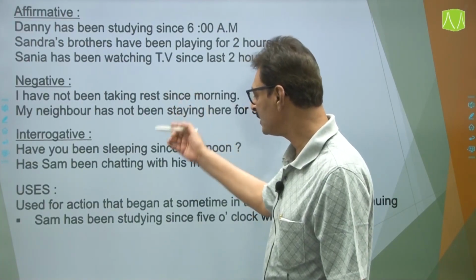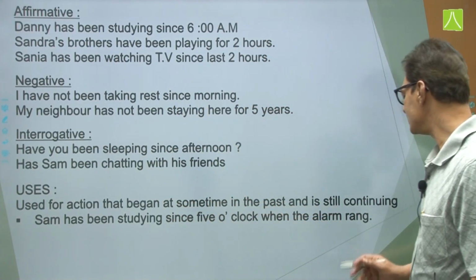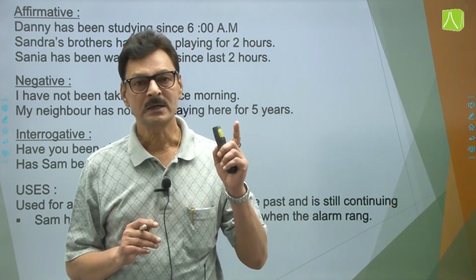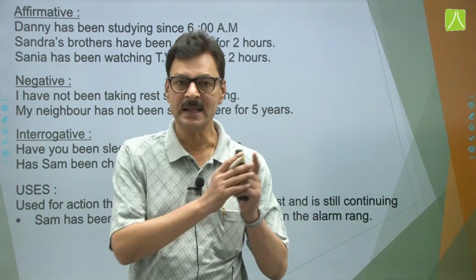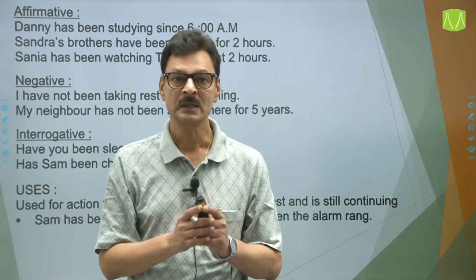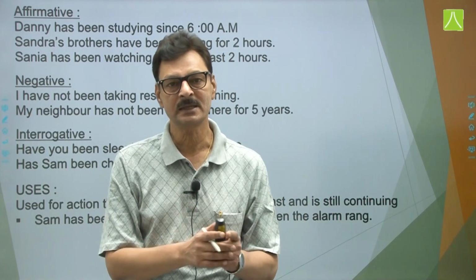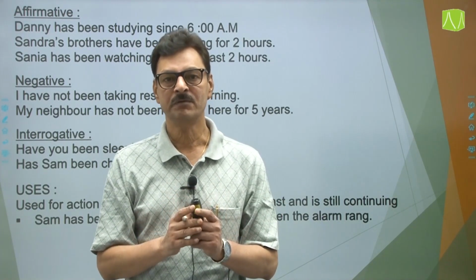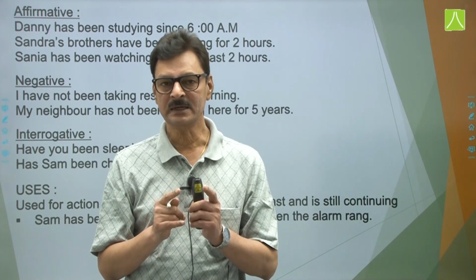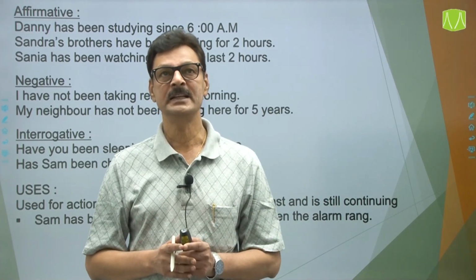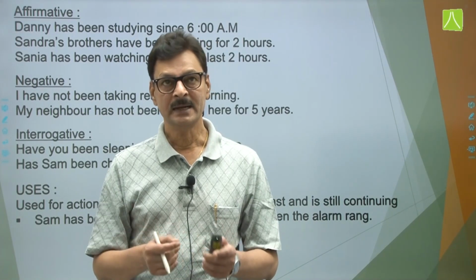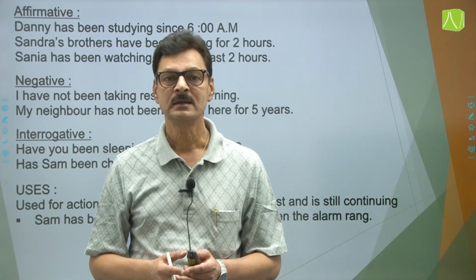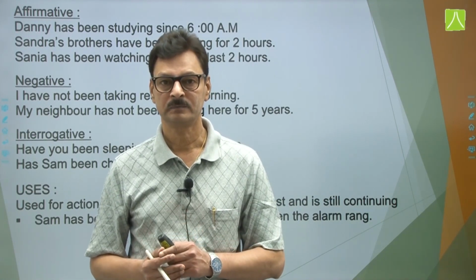Uses, it is used for an action that began at some time in the past and it is still continuing. So now friends, present continuous, it also tells us that the action began earlier, अभी चल रही है. Present perfect continuous also tells us that the action began earlier and it is still continuing. So what is the difference? एक difference है, present continuous, suppose I say I am teaching and then I use this tense, I have been teaching for 1 hour.